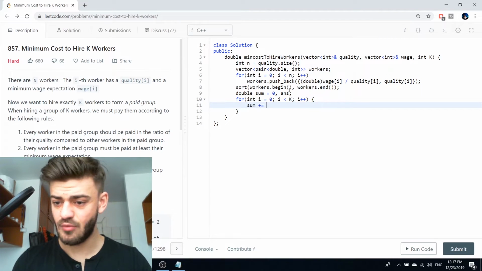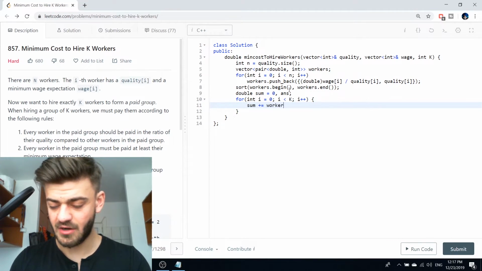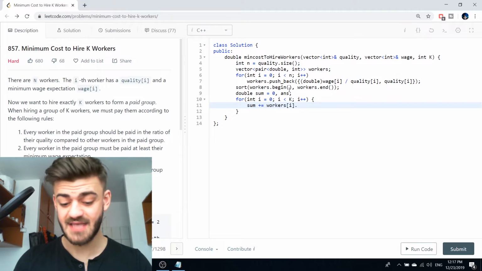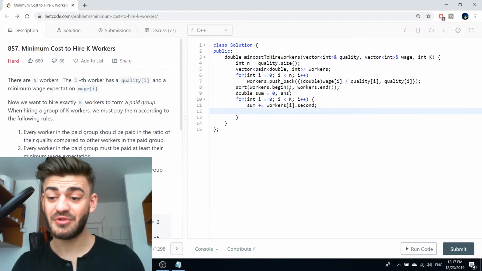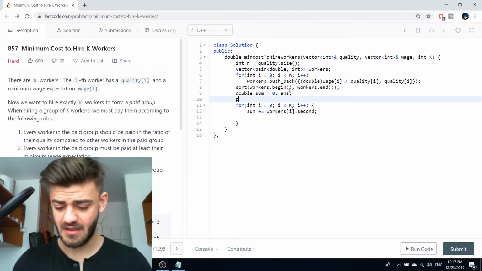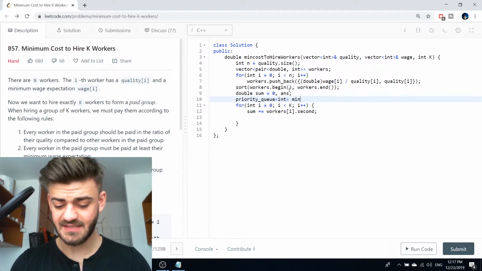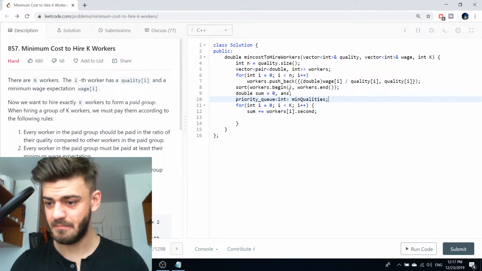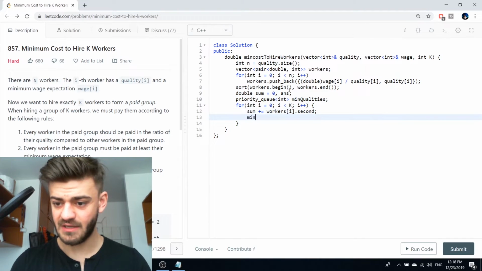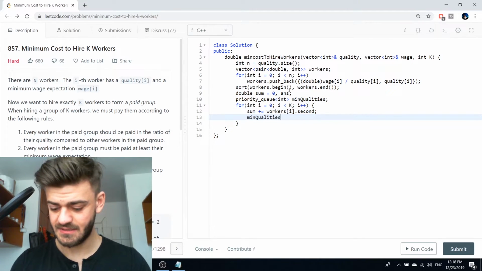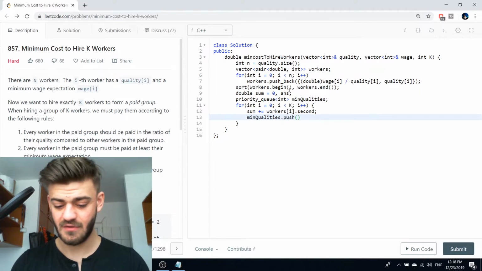So sum plus equals workers of i dot second, which is the quality, and I'm going to insert this quality into my priority queue. So let's define that first. So priority queue of integers, let's say min qualities. Perfect. Now, min qualities dot push of workers of i dot second.